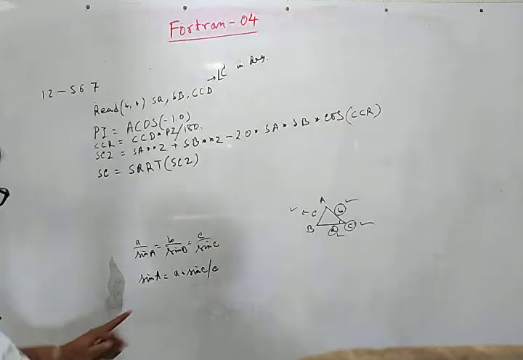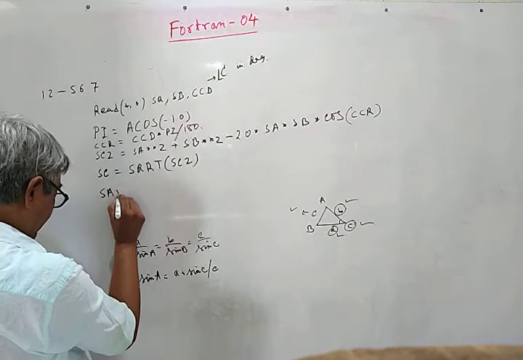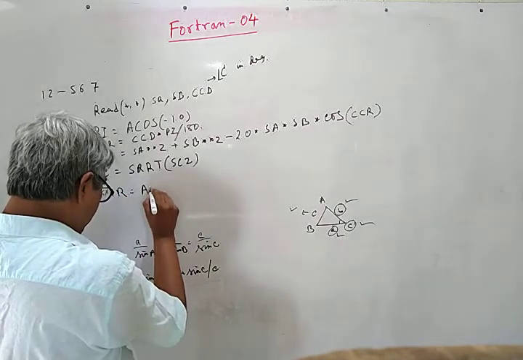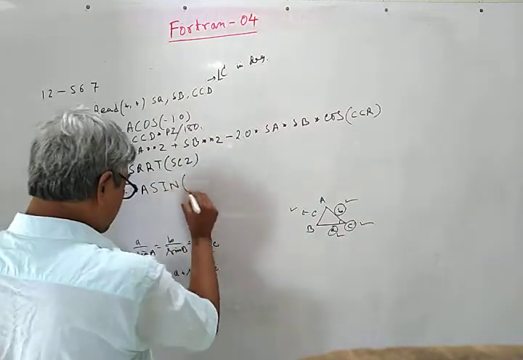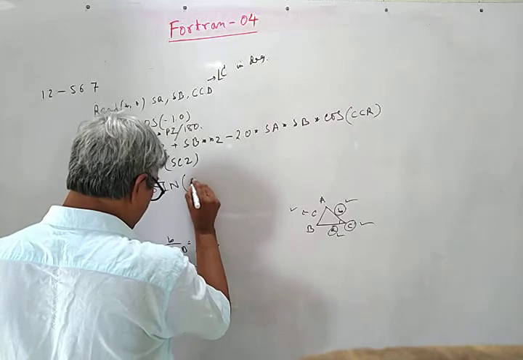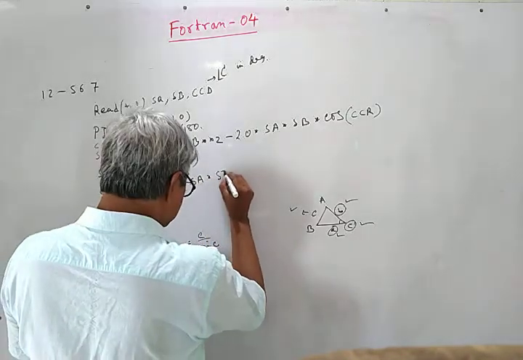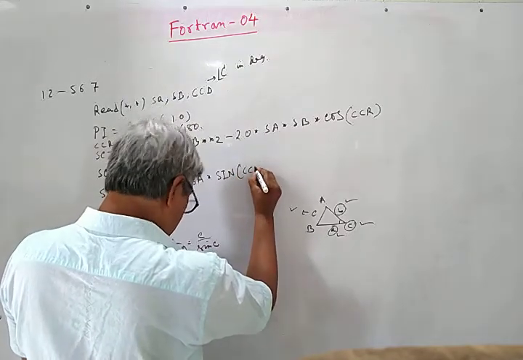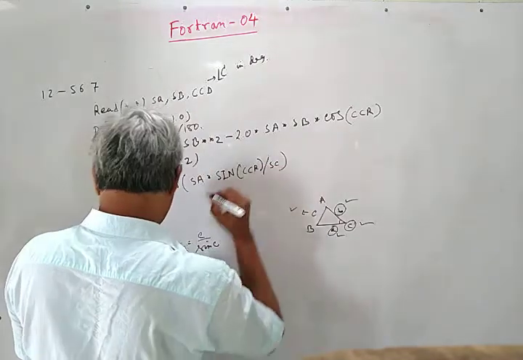So we can find out capital A in radian is equal to asin of this thing, which is a star sine of CCR by SC.